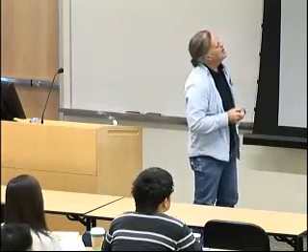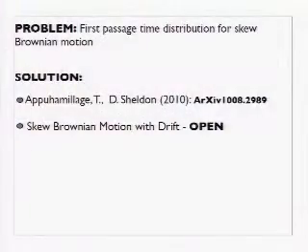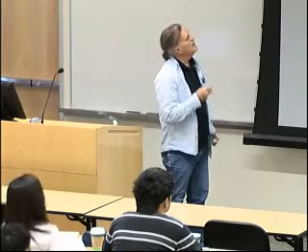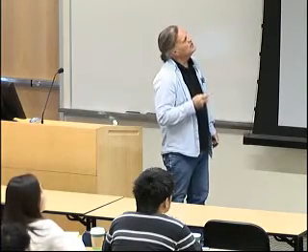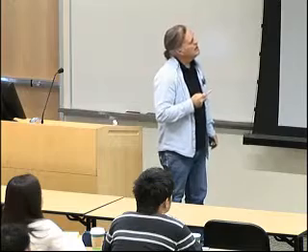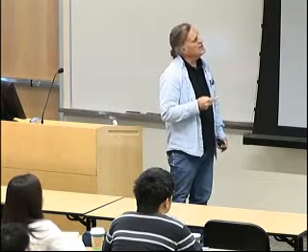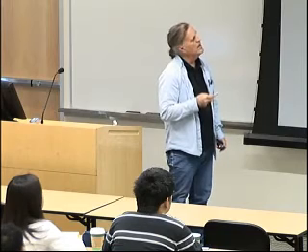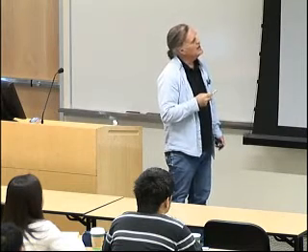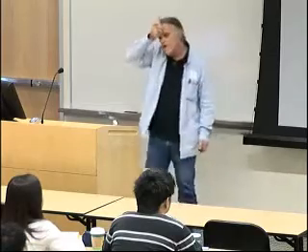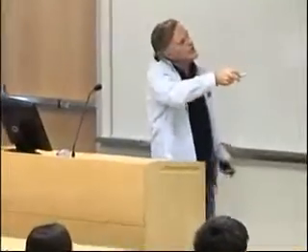And finally, I'll put up a problem that we can add to Yuval's list. In the case of first passage time distributions for skew Brownian motion, recently Thilanka and Dan Sheldon, a postdoc at OSU, were able to compute the first passage time for skew Brownian motion by analyzing excursions of Brownian motion, and that's on the archive.